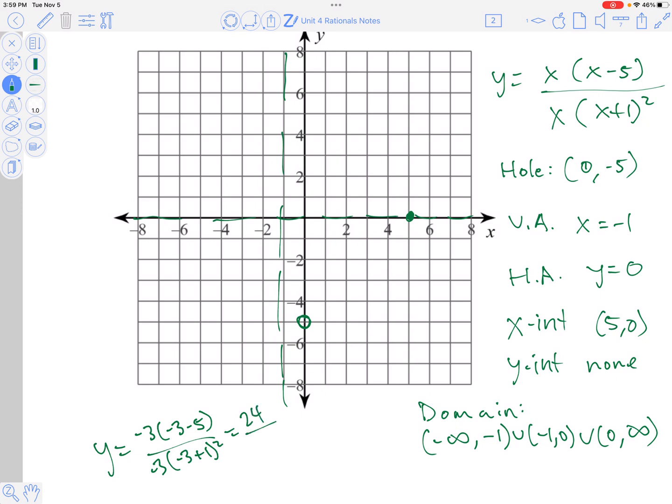Then -3 plus 1 is -2, and -2 squared is positive 4. 4 times -3 is -12, which simplifies down to 24 divided by -12, which is -2. So when x is -3, y is -2. All right, (-3, -2). We could have plugged in more points if we wanted to.